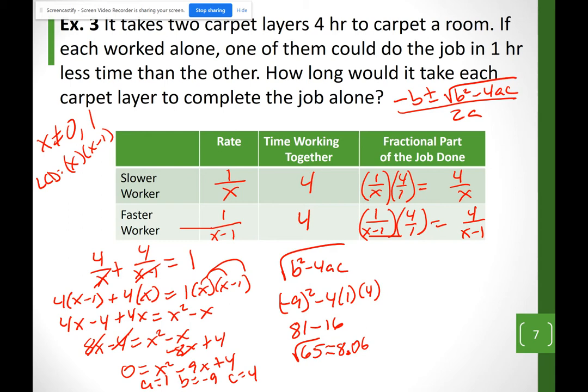Negative b, I know my b is negative, so negative of a negative, I have 9 plus or minus 8.06 over 2. Okay, 9 plus 8.06 divided by 2. It tells me this is about 8.5.